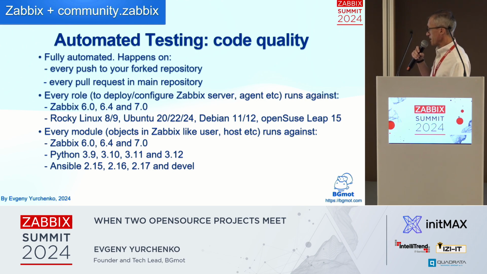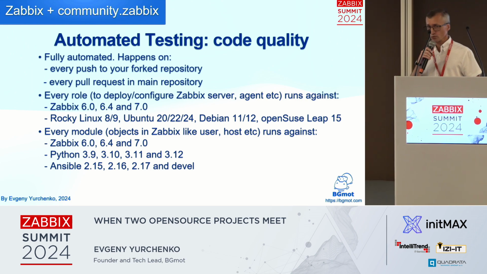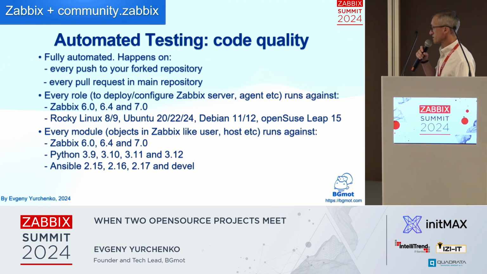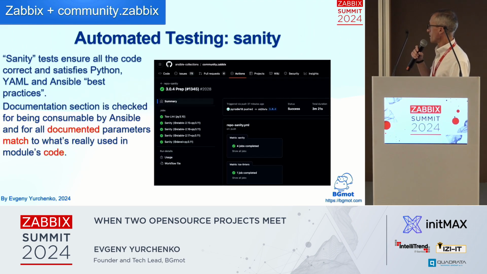And every module, every object inside Zabbix, again on all supported Zabbix versions, latest Python versions, latest Ansible versions. If any test fails, we cannot merge. We cannot release new code. It must pass all the tests.